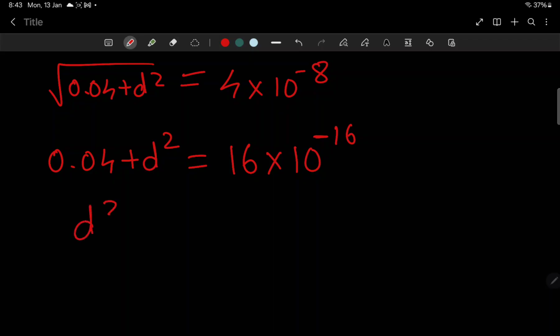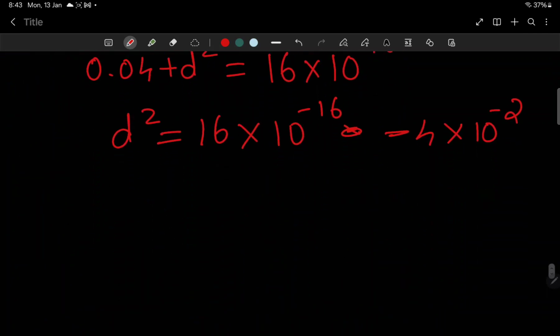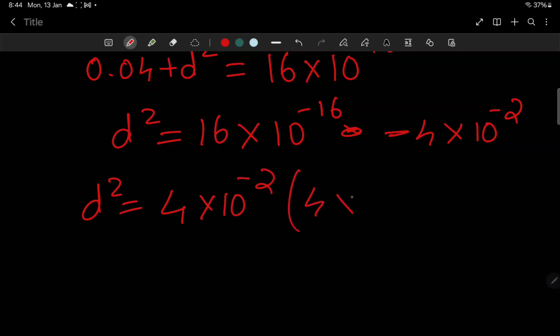Now take this to that side, that is 16 into 10 raised to minus 16 minus 4 into 10 raised to minus 2. So I think d square equal to, I will take 4 and 10 raised to minus 2 outside. So I get 4 into 10 raised to minus 14 minus 1.